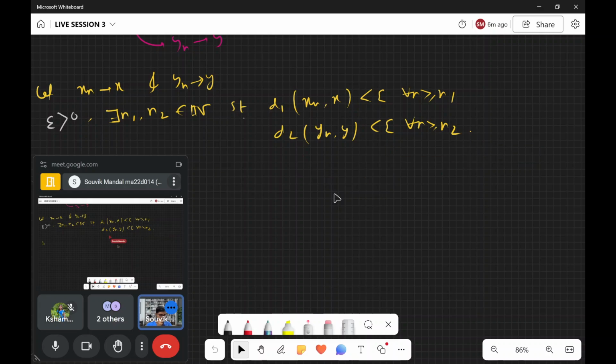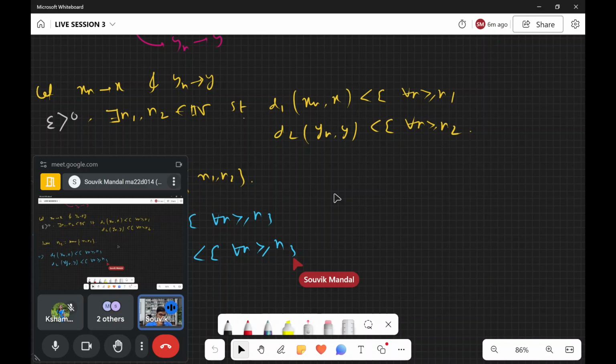Now take n3 equal to max of n1 and n2. So this implies that d1 of (xn, x) is less than epsilon for all n greater than or equal to n3, and d2 of (yn, y) is less than epsilon for all n greater than or equal to n3.